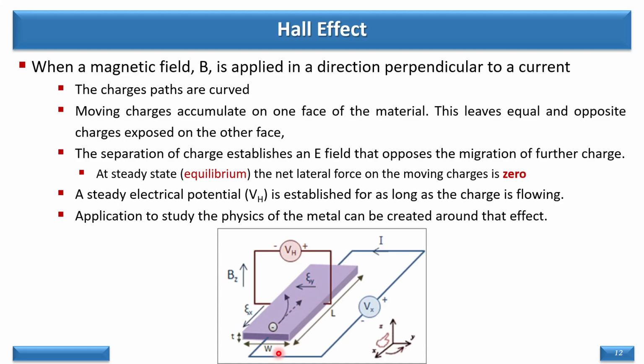Now let us apply a magnetic field normal to the sheet in the up direction. So now we have a velocity in that direction, and a magnetic field up. Applying the right hand rule, there will be a force in the left direction.